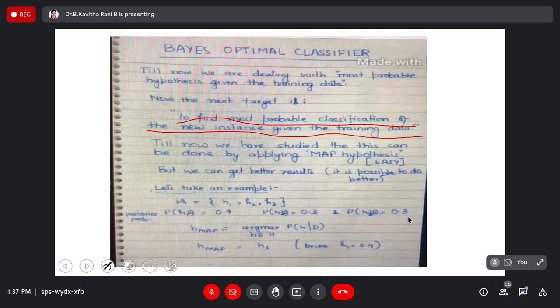So the hypothesis which is most probable, that particular one. Let us take an example, that is H equal to H1, H2, H3.